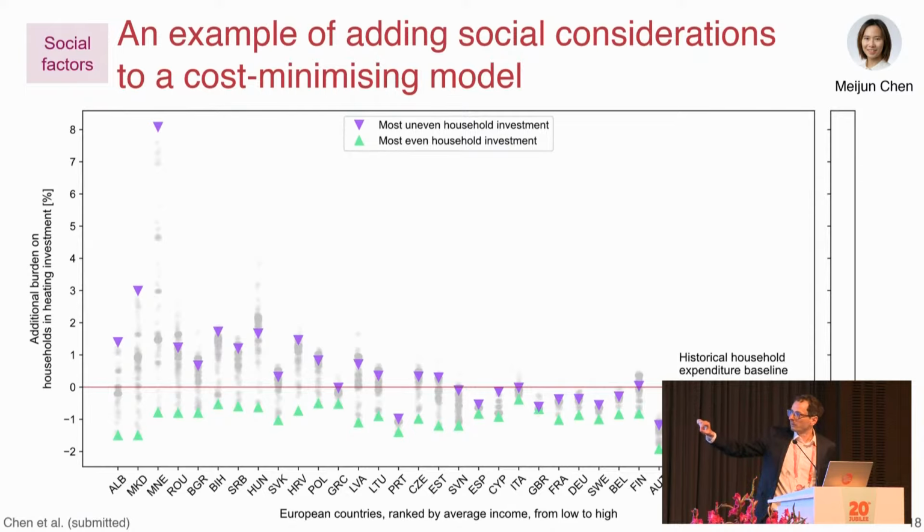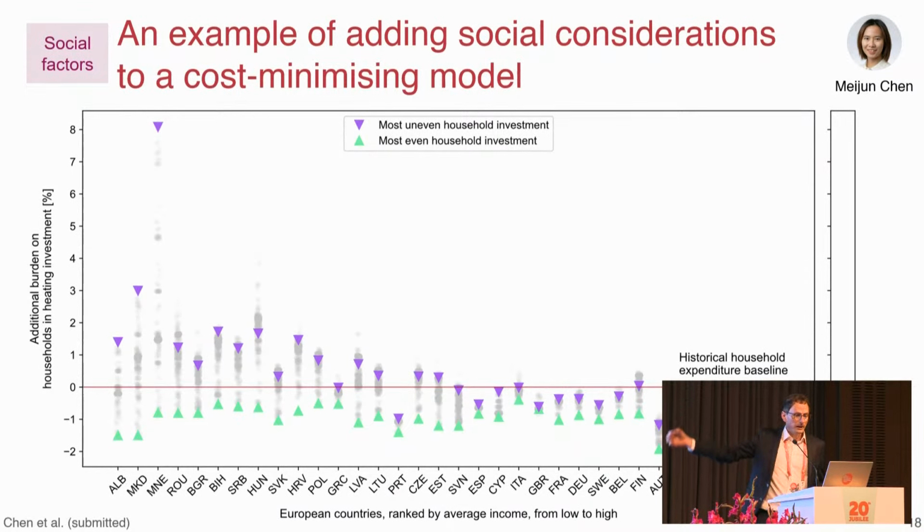So these different gray dots, one of them might represent a system with a lot of photovoltaic generation, another one might represent a system with a lot of wind, yet another one a system where we rely more on electrification than on synthetic fuels, things like that.